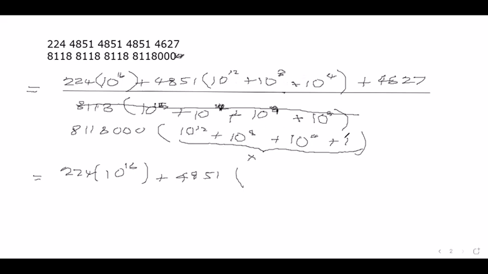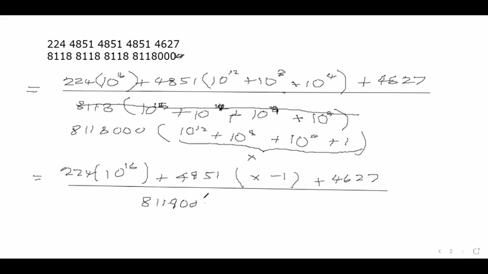That plus that plus that will be X minus 1. So that object will be X minus 1. And here you have 4627. And the denominator is 8118 1000 multiplied by X.